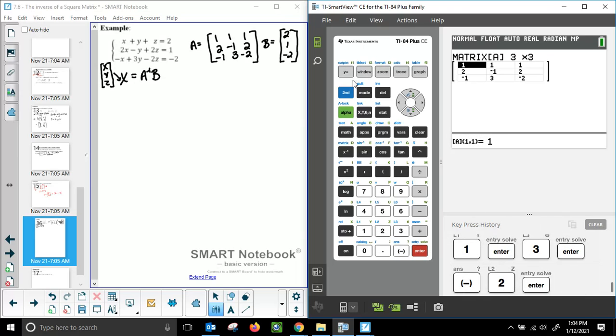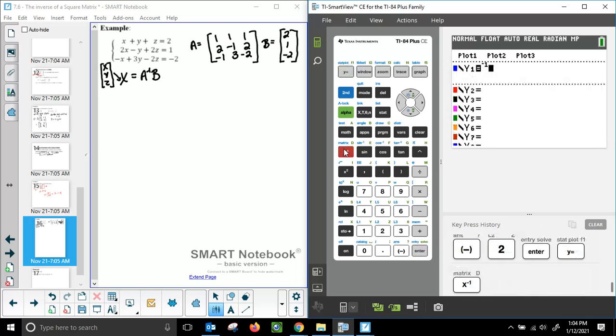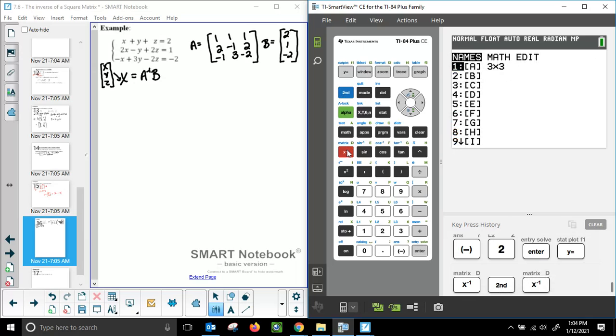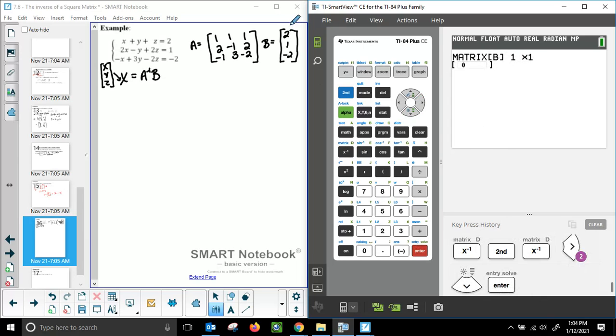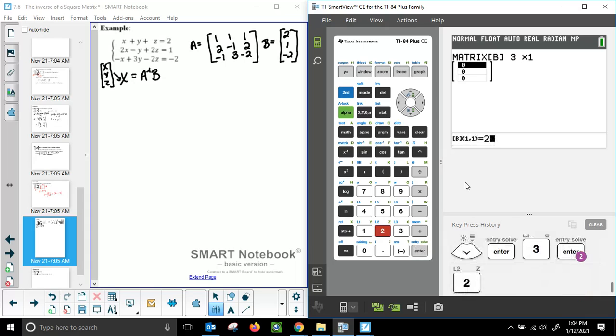Okay, now we want to go back to our matrix menu and edit matrix B, which is this matrix here, and that is a 3 by 1 matrix. So we have 2, 1, -2.